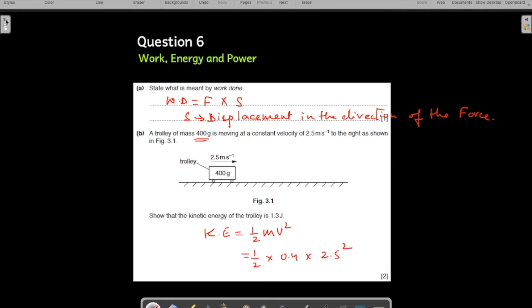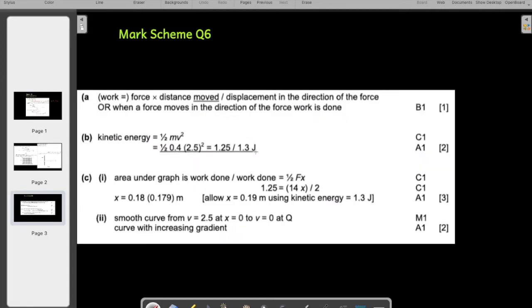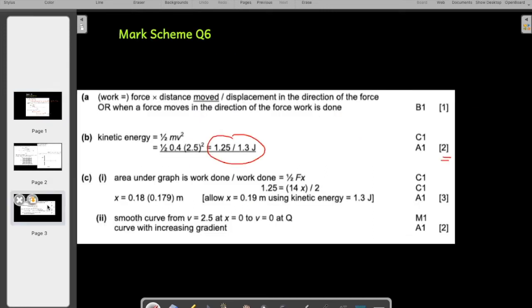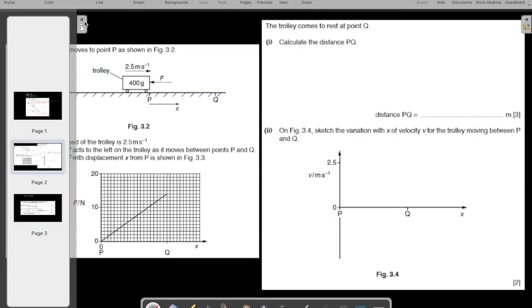Work it out and see. Did you all get this answer? If yes, you are correct, you can give yourself 2 marks: 1.25, or 1.3 if you round it up. Do not forget the unit. Unit is important, otherwise you lose marks.